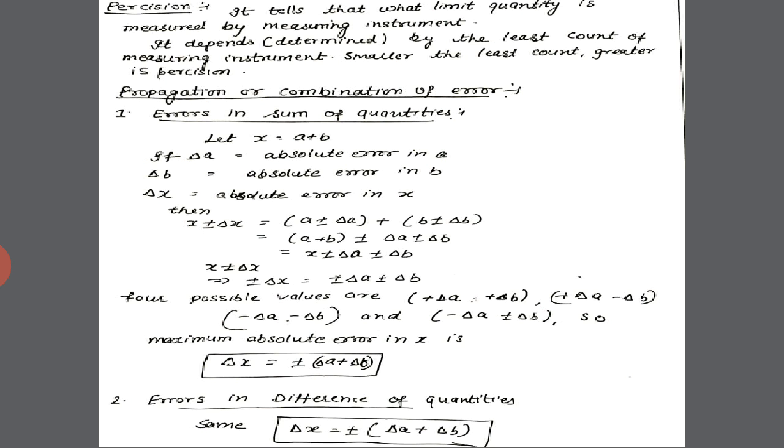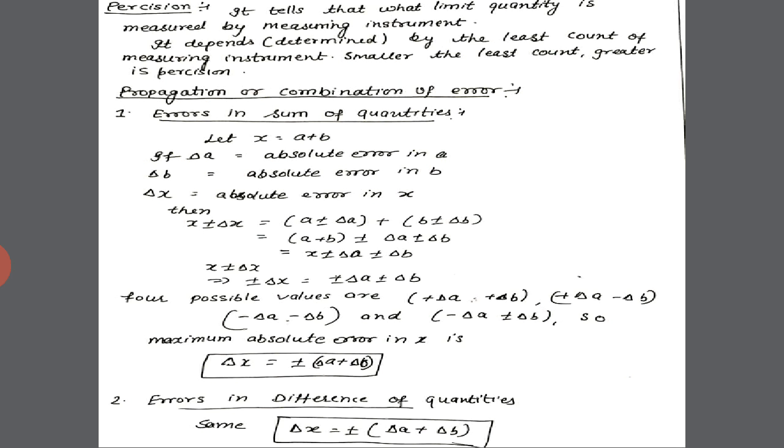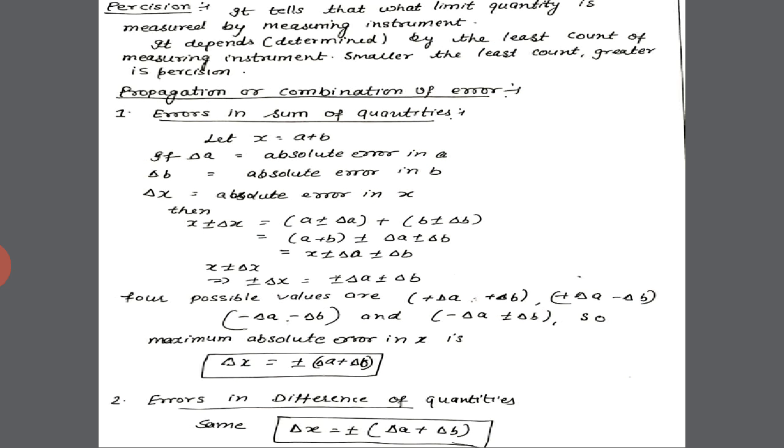Then x plus or minus delta x is equal to a plus or minus delta a, plus b plus or minus delta b. Four possible values can be there, you can see from the slide also. So delta x will be equal to plus or minus delta a plus delta b.